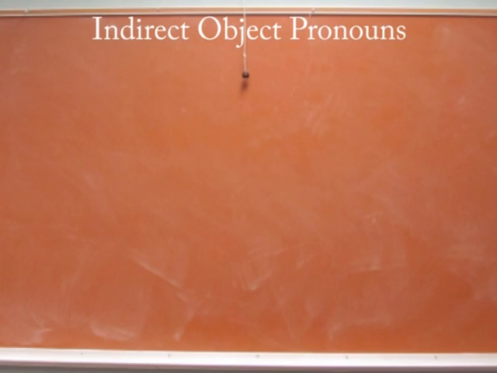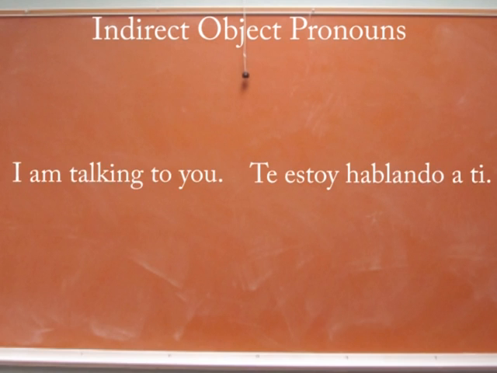The indirect object is the person in a sentence to whom or for whom something is said or done. For example, I am talking to you.